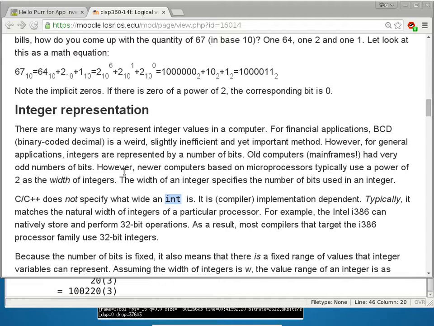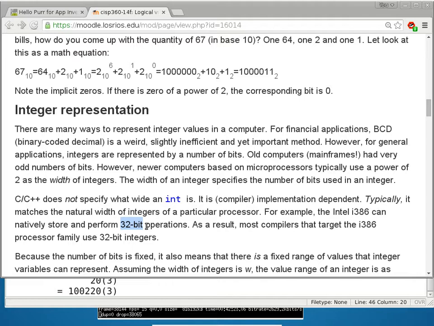Unfortunately, with a computer, we cannot say we'll allocate as much storage as needed. We have to fix it, and that's called the width of an integer. The width of an integer is usually in base 2. With modern-day processors it's usually 32-bit, and we are transitioning to 64-bit these days. It has to do with what is, quote unquote, a natural width of processing.